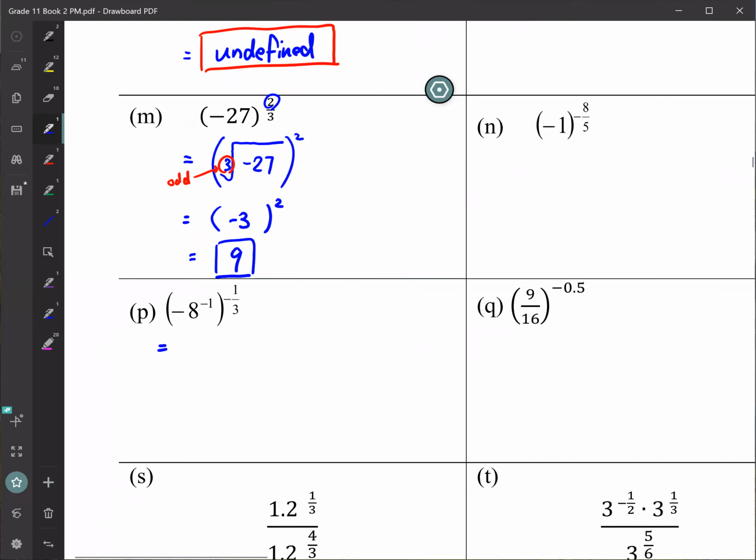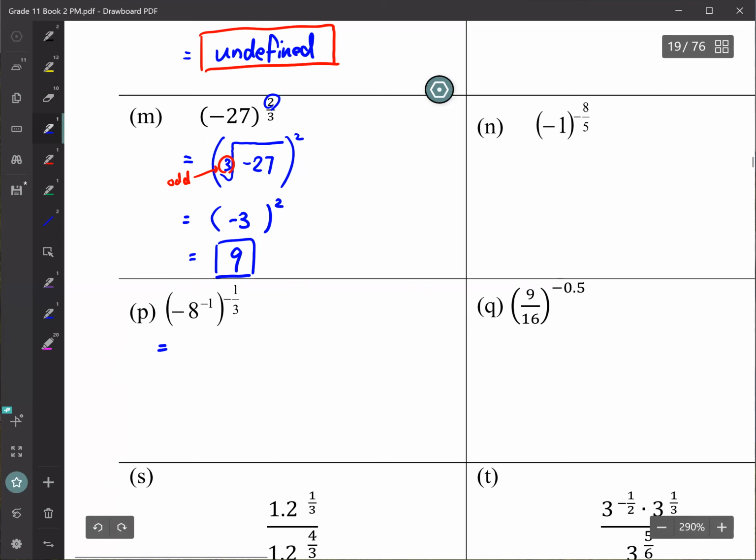Where to start? Put it into radical form. Okay, sure. How do I do that? How to write it? Is it negative and then 3 outside of the radical?